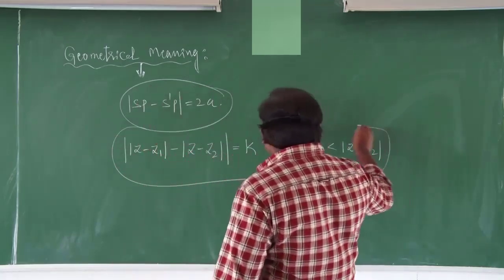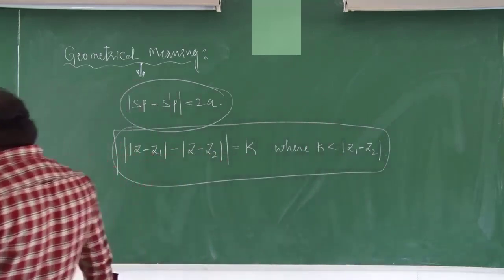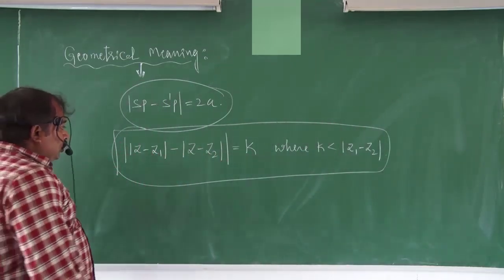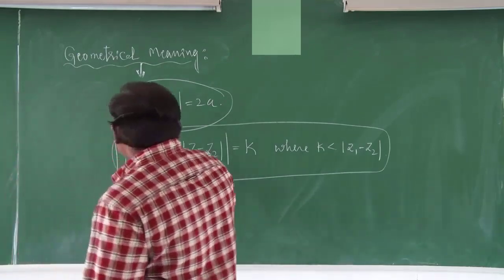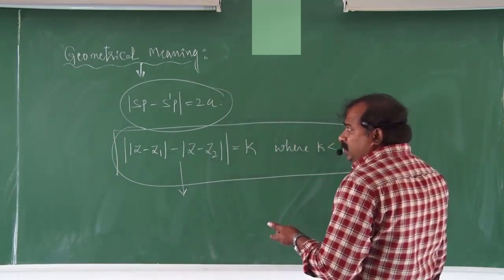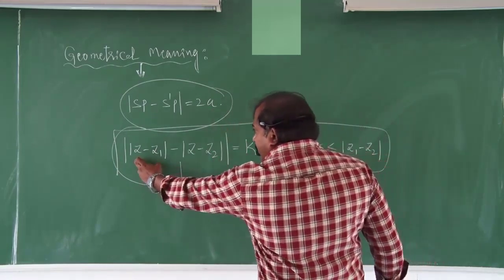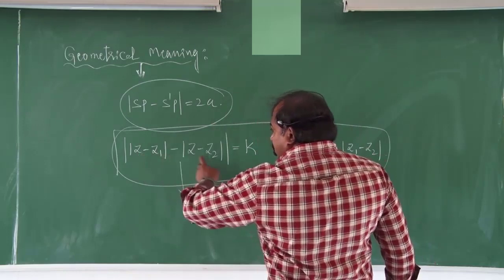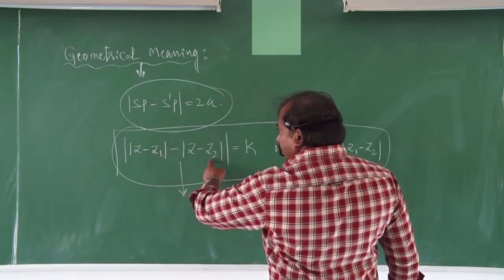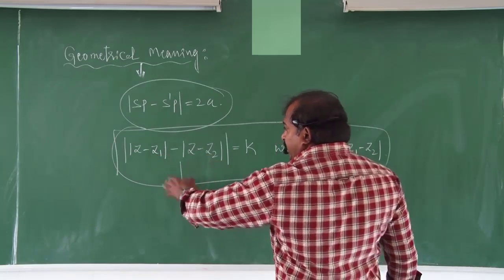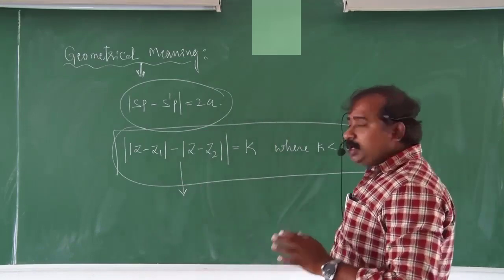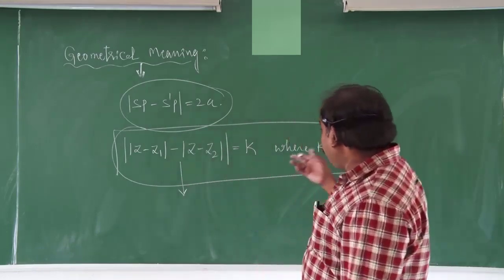This equation indicates the hyperbola. Directly, this is nothing but SP minus S dash P equal to 2A, a similar form. This is the distance from Z1 to Z and from Z2 to Z. So Z is P, Z1 is S, and Z2 is S dash. So automatically SP minus S dash P is equal to a constant.